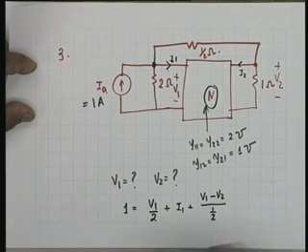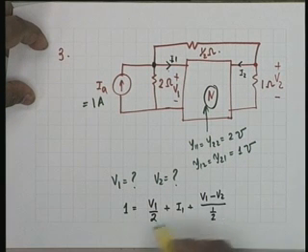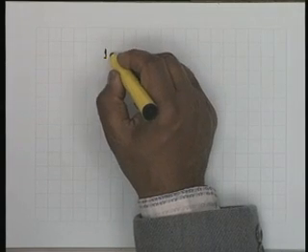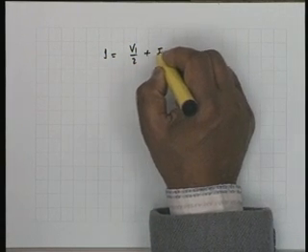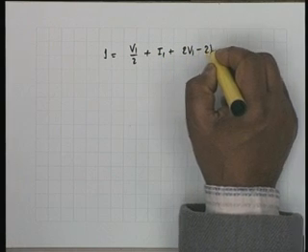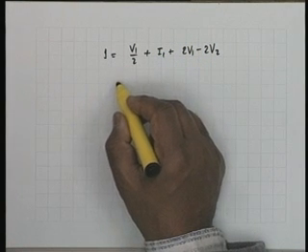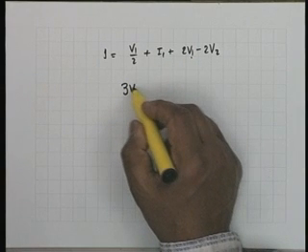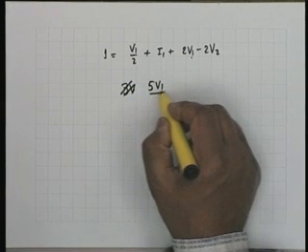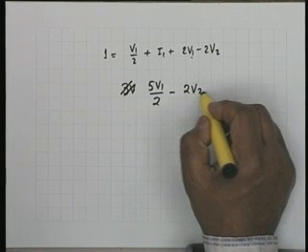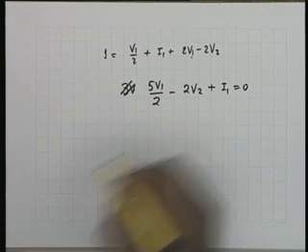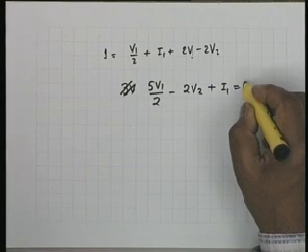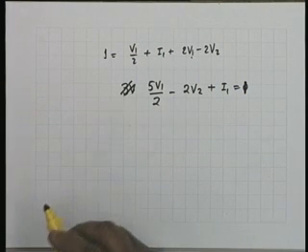The simplification gives 1 equals V1 by 2 plus I1 plus 2V1 minus 2V2. Therefore, 5V1 by 2 minus 2V2 plus I1 equals 1.